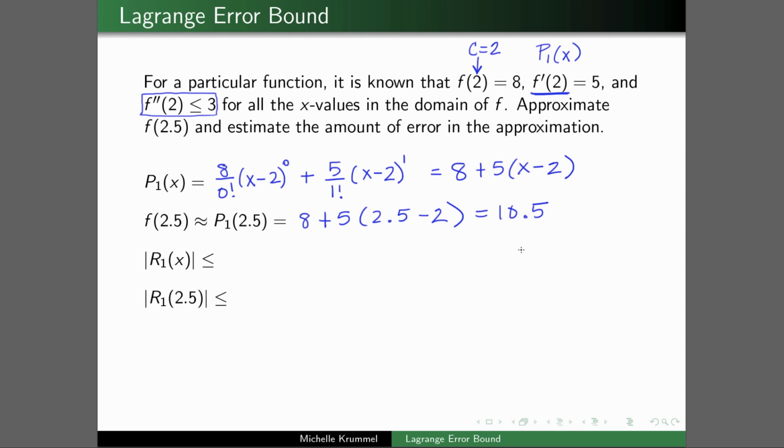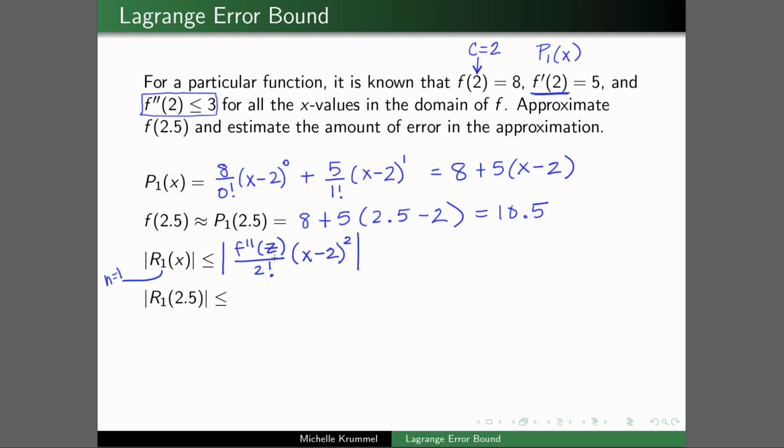Our remainder for the degree 1 Taylor polynomial is going to be less than or equal to our n plus first derivative. In this case, n is 1, so we want our second derivative evaluated at z divided by 2 factorial times x minus the center to the power 2.